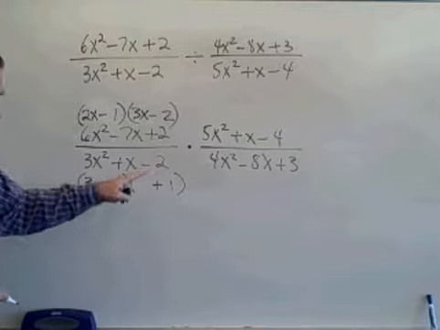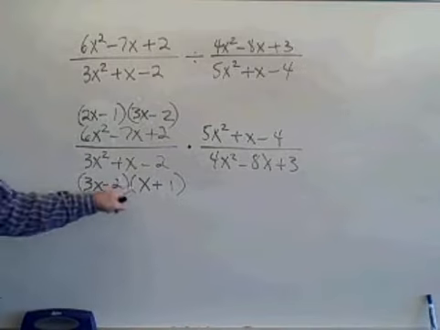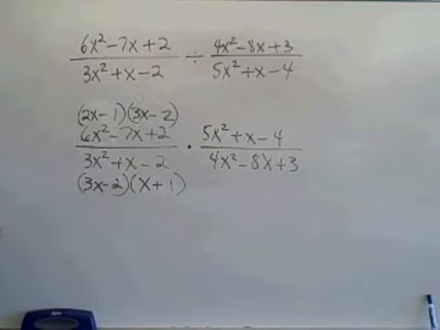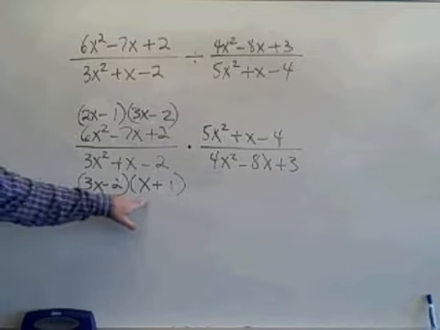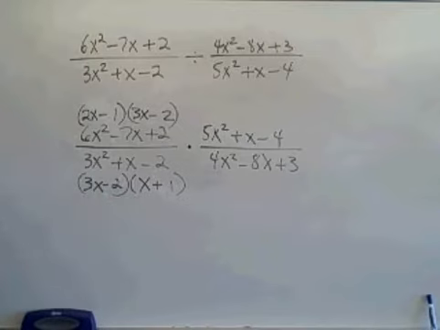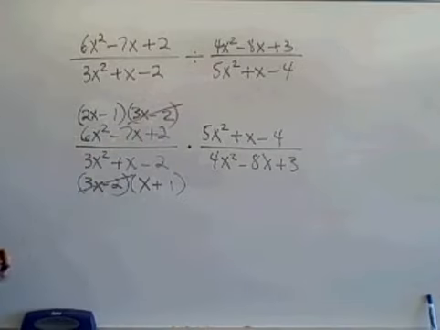Minus 2 times plus 1 would be minus 2 under the L-foil. And then that would need to be x, so 3x times x is 3x squared. Will this combination give me plus 1x? It will. Plus 3x for the O-foil, minus 2x for the I-foil combines to plus 1x. And I now have one factor in common in the numerator and denominator that I can cancel.